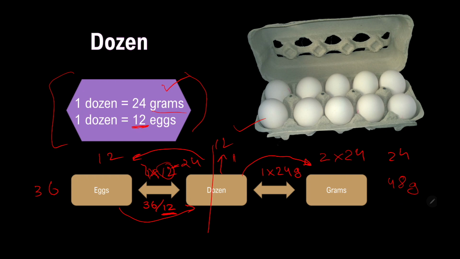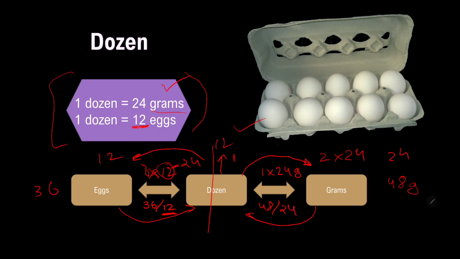But what you are doing on the paper is dividing 48 by 24. So when you move from grams back to dozens, you are dividing with the value of 1 dozen of eggs, how much 1 dozen of eggs weighs. When you are moving from dozen to grams, you are multiplying with that value, and when you are moving from grams to dozens, you are dividing with that value.